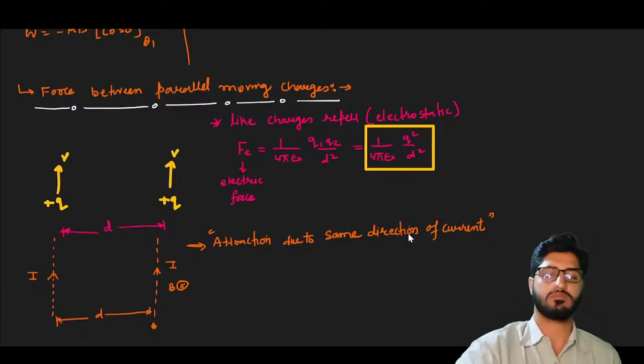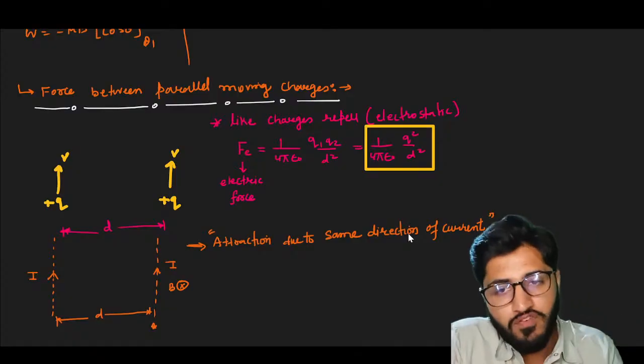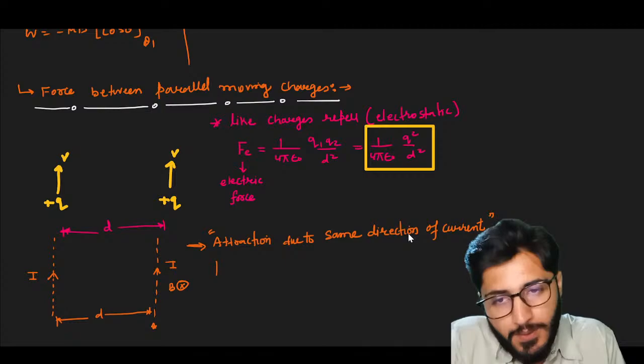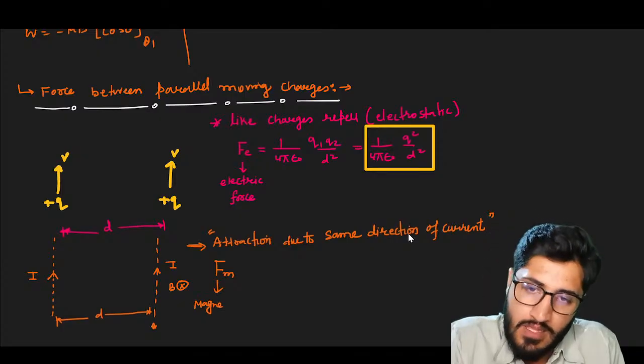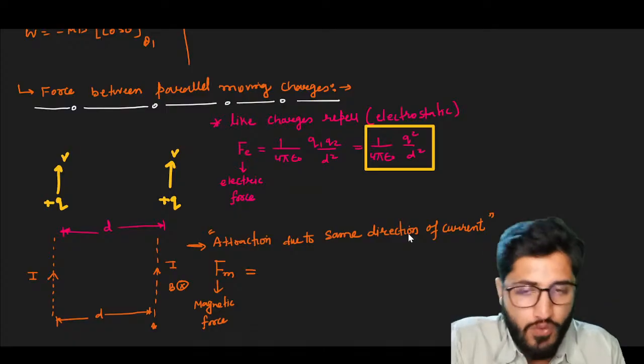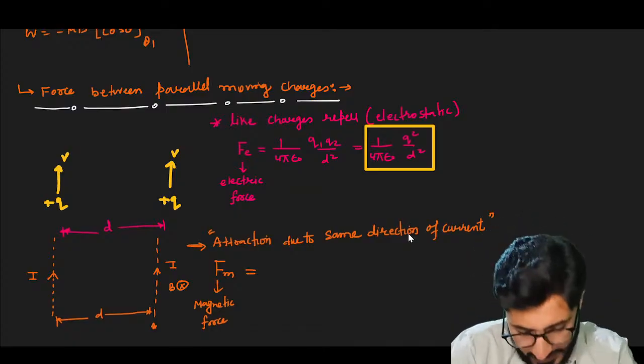Look now. Okay, how to find the magnitude of this force? Fm is magnetic force. Is it magnetic force? Yes, sir. And what is magnetic force? Do you have any idea?